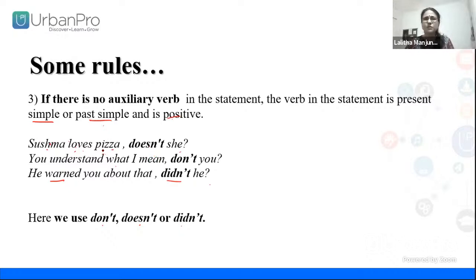Does she? So the tag will always be opposite to the statement. For negative statements, we already have a helping verb. Sushma doesn't like pizza. The word doesn't is already there. So does she will be the tag. But for positive statements in the simple present or simple past, we don't have any helping verb. So we have to add these helping verbs to make the question tag. So we have seen 3 rules to make question tag questions.